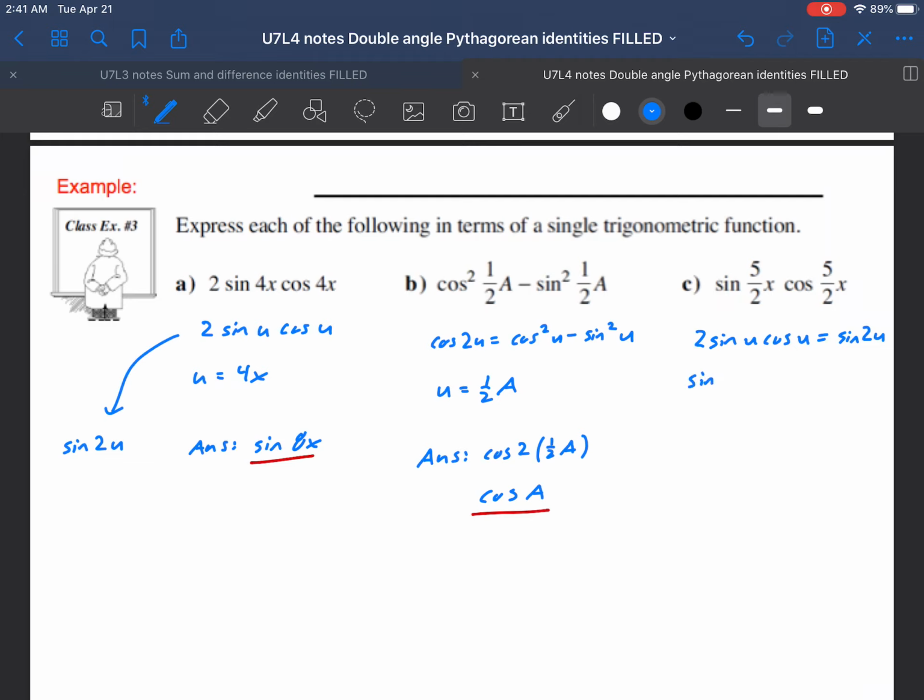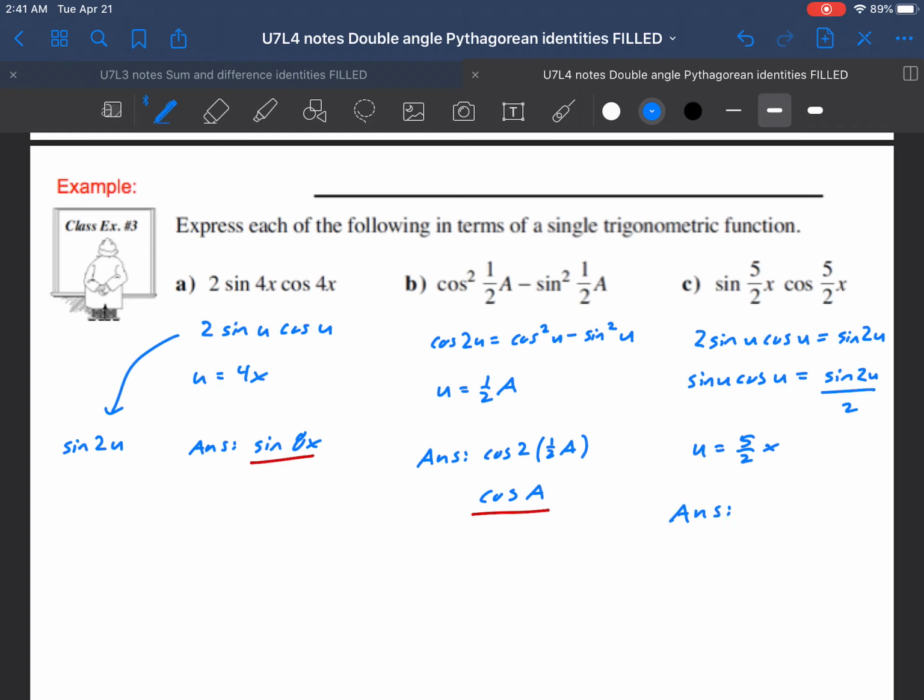That means if I divide by 2, the sine of u cosine u is equal to the sine of 2u over 2. And now what we have here, sine u cosine u, is the same as that. It's just that u is equal to 5 over 2x.